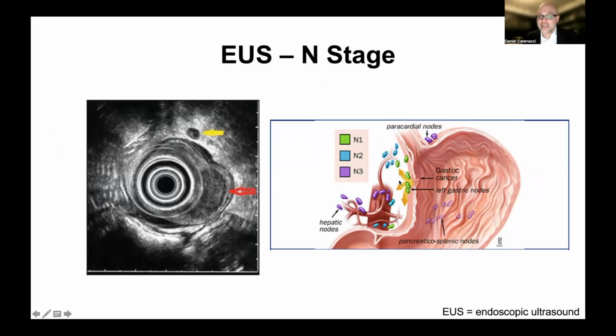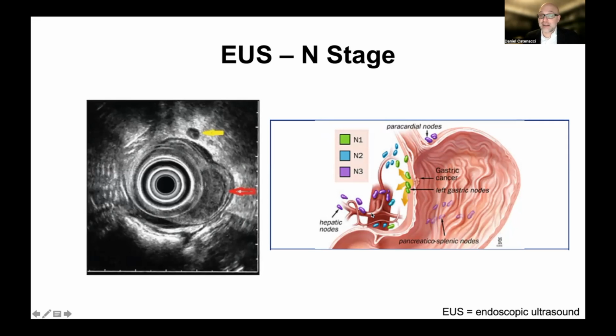Over here, we see another important principle to understand: lymph nodes are categorized by those that are very, very local, or N1, also referred to, when we're talking about surgical removal of them, as D1. And then a little bit further away, deeper down, would be N2. And then very far away would be N3.